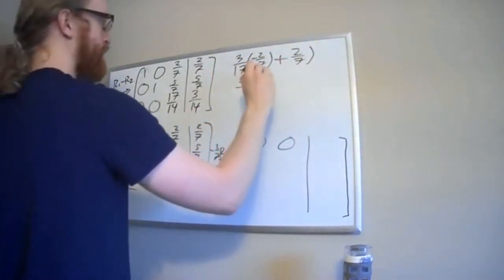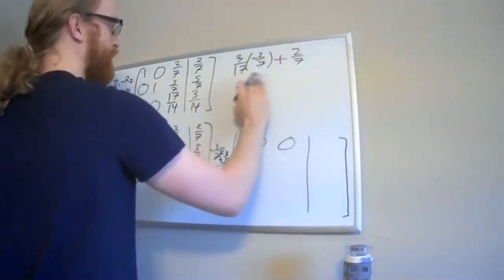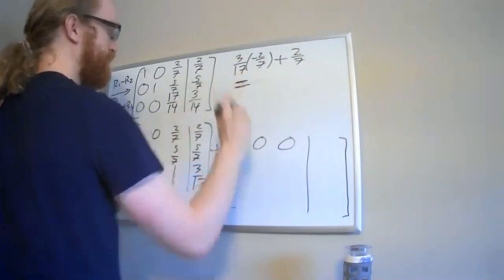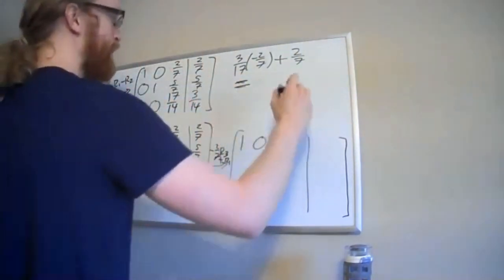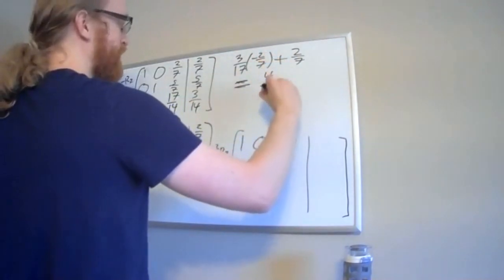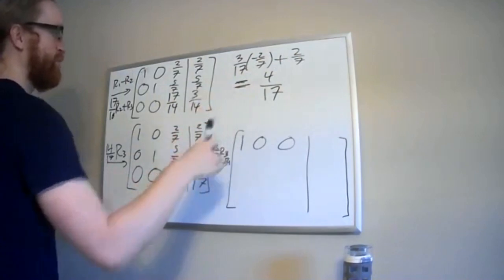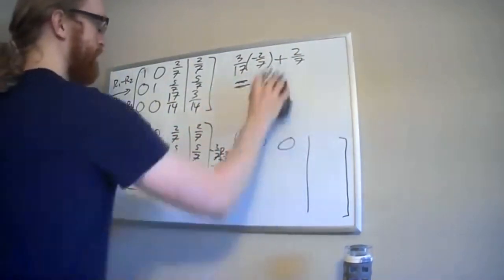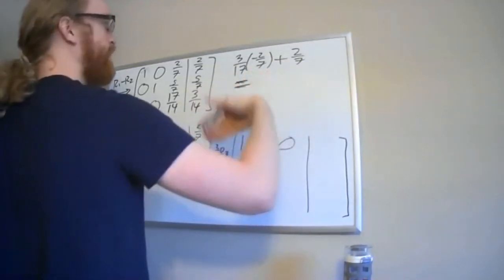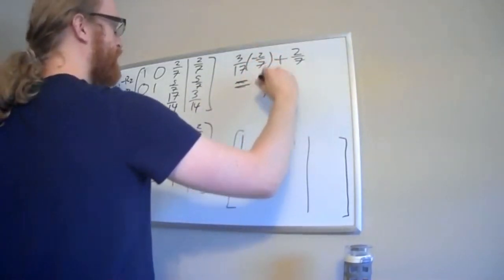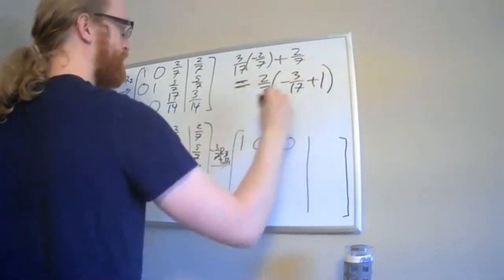Well, how about this? It's an exercise for you guys. I'll tell you what the answer is going to be. The answer is going to be 4 over 17. The way that I get at this is I would factor out the 2/7 and then simplify. As you would see, I have a 2/7 here and a 2/7 here. Factor out your 2/7. I'm left with a negative 3 over 17 plus 1.